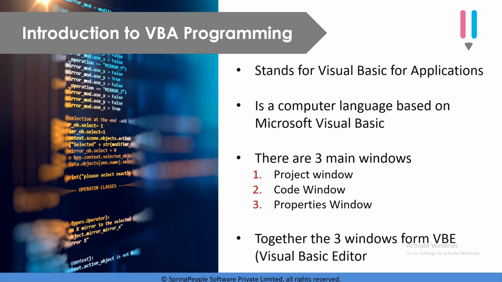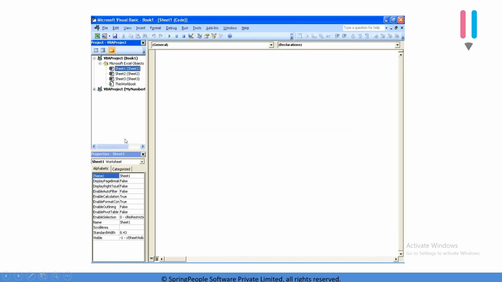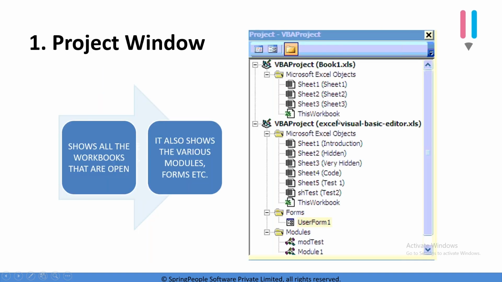Now, when you look at a Visual Basic IDE, there are 3 main windows that we look at. This is the basic look of a Visual Basic IDE. Here, as you can see, this is called the project window. All the books that are currently open, and yes, Visual Basic is opened once for all the books that you have available.